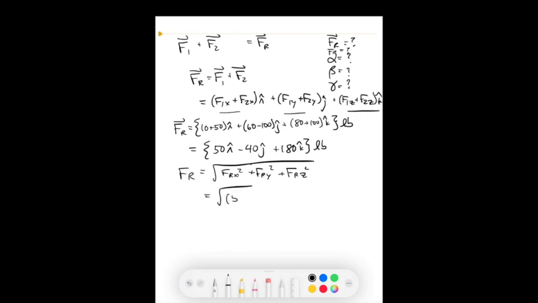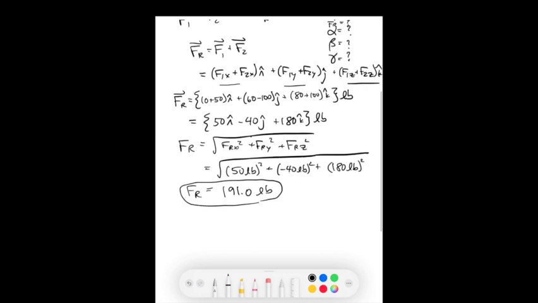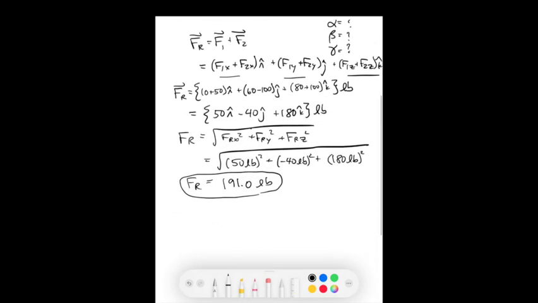So we plug in those values, 50 pounds, negative 40 pounds, and 180 pounds. And when we do that math, we find that it's 191. So here's the first answer. The magnitude of the resultant force is 191 pounds. That's the magnitude of the force of these two forces, 1 and 2, added together.